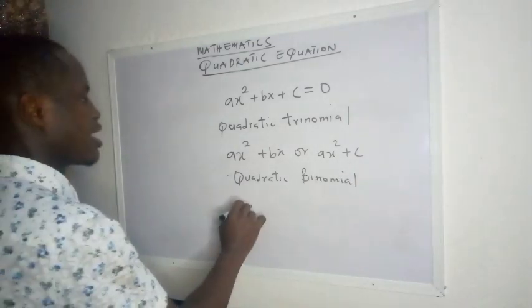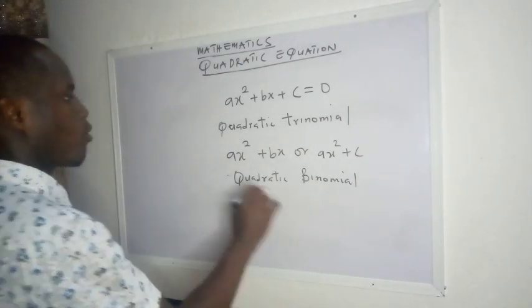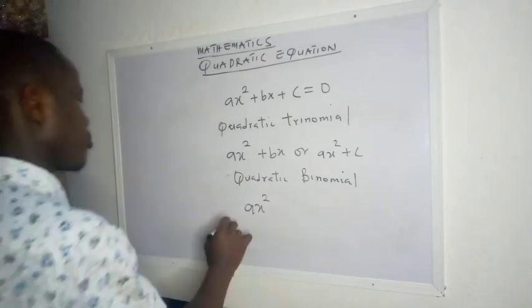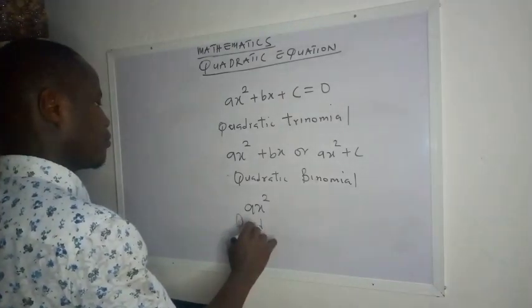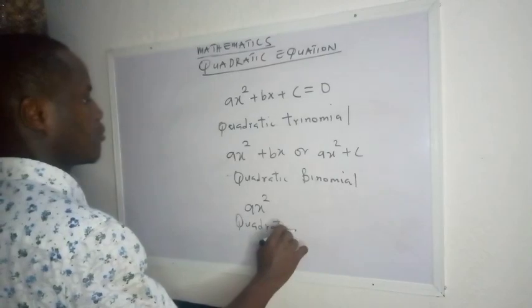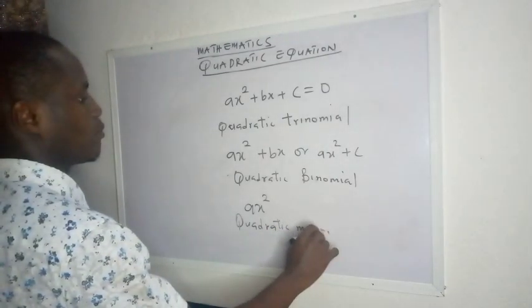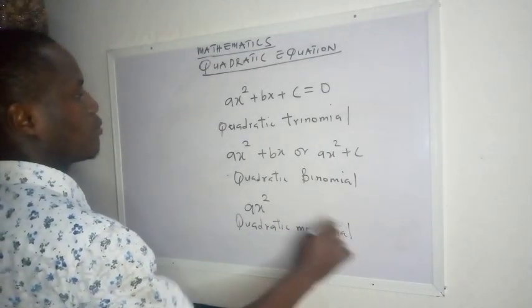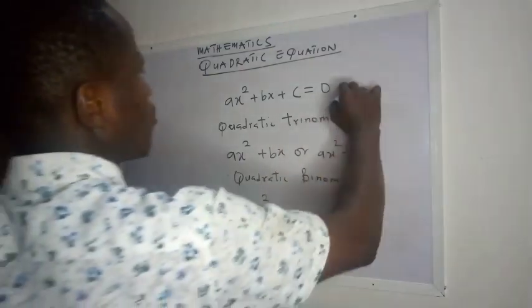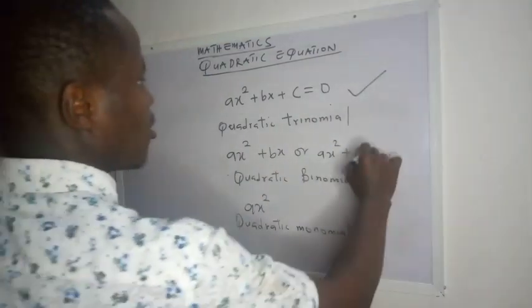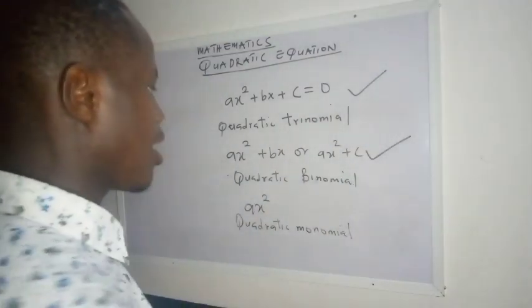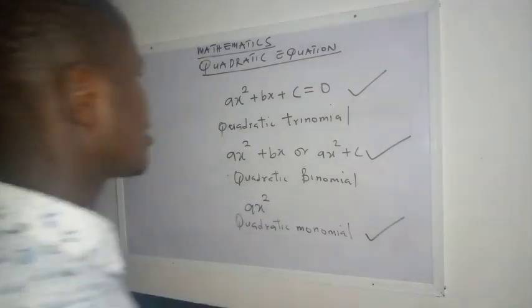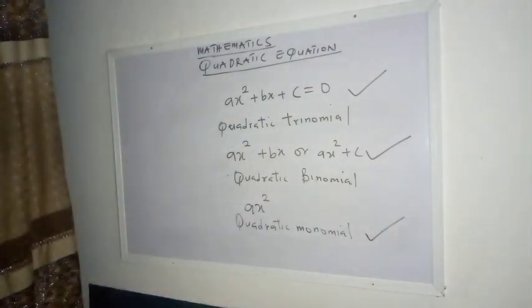Now, if it is made up of just ax squared, then we'll call it a quadratic monomial. Quadratic trinomial, quadratic binomial, and quadratic monomial.